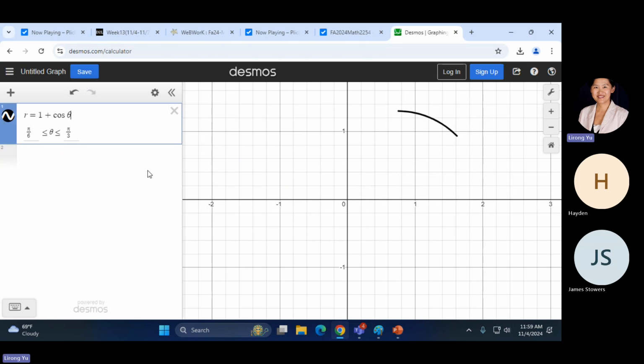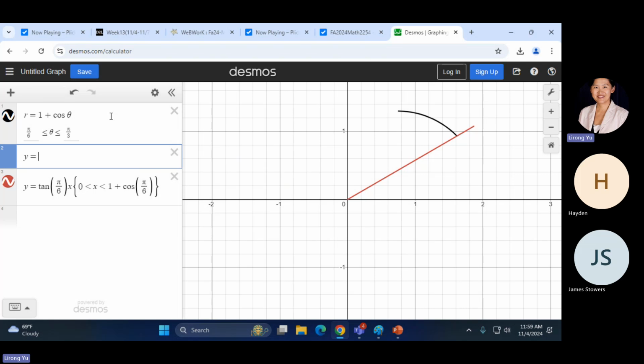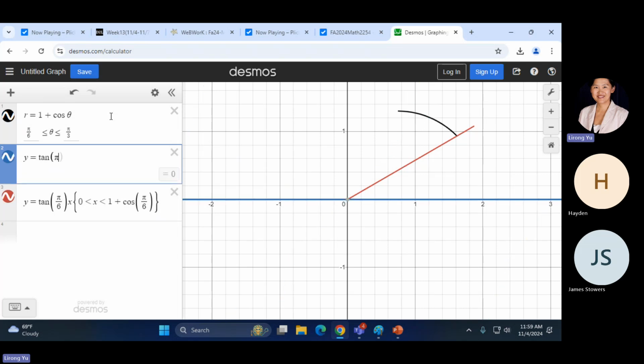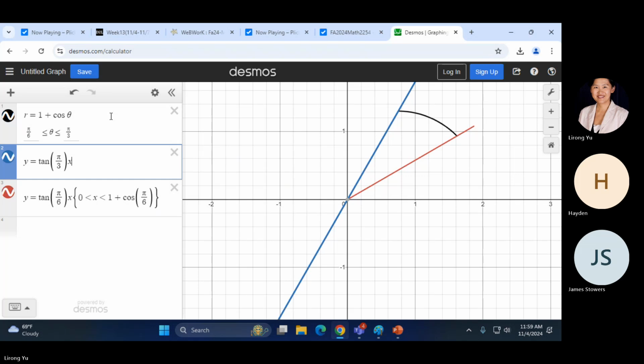Okay, the other boundary. I was going to open another line, y equal to tangent of pi over 3, and let's also try to limit the x value.